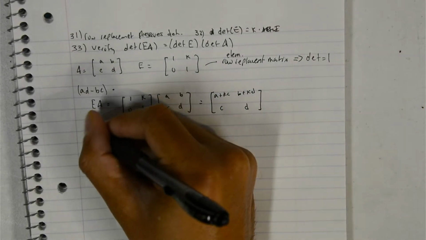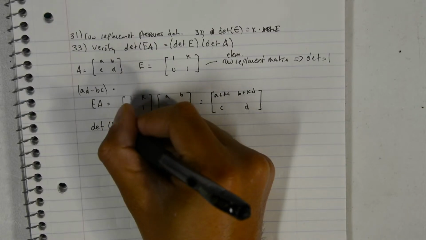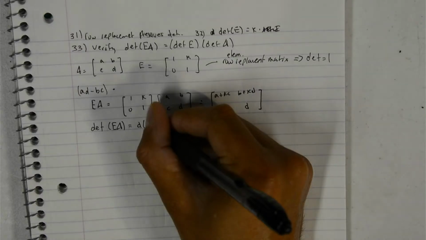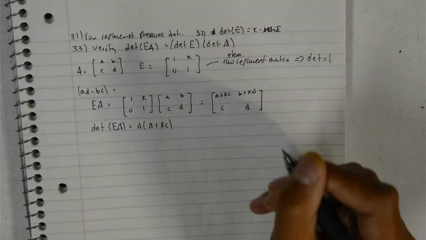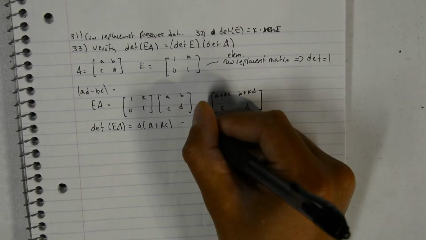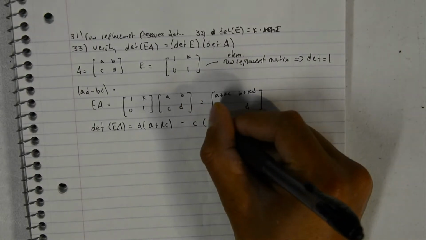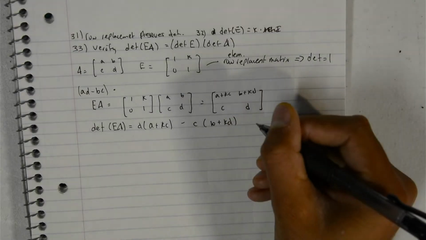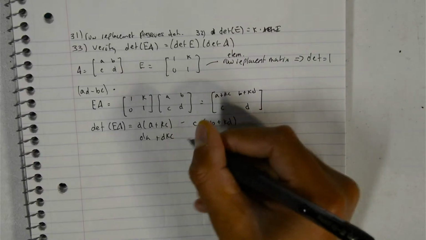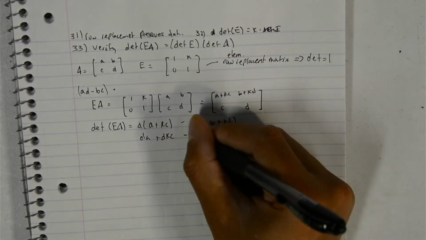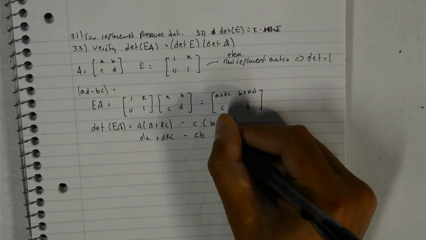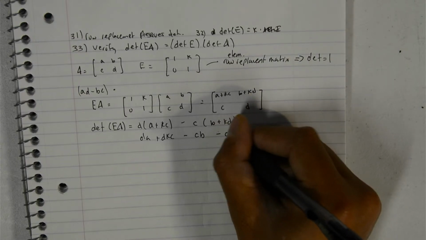So the determinant of EA is equal to D times A plus KC minus C times B plus KD, which is DA plus DKC minus CB minus CKD.